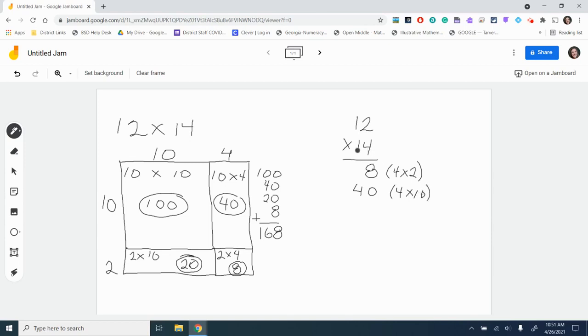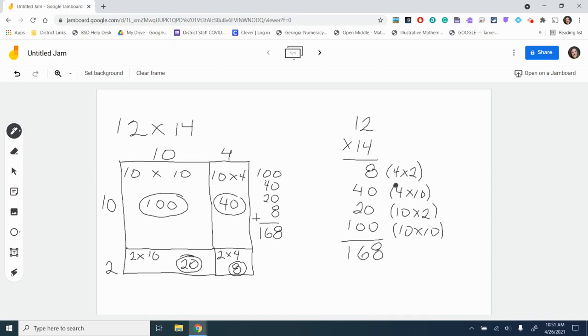Then I'm going to move to the tens place with my number 14. 10 times 2 is 20. And then 10 times 10 is 100. Let's go ahead and add these up.